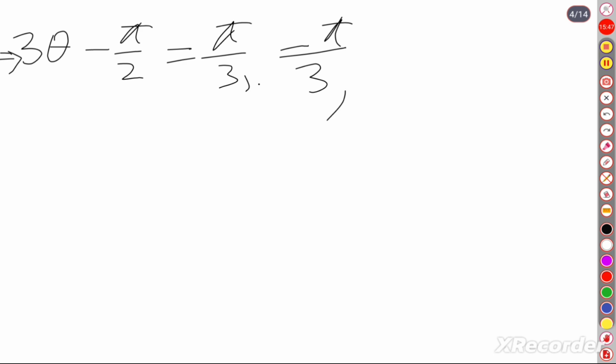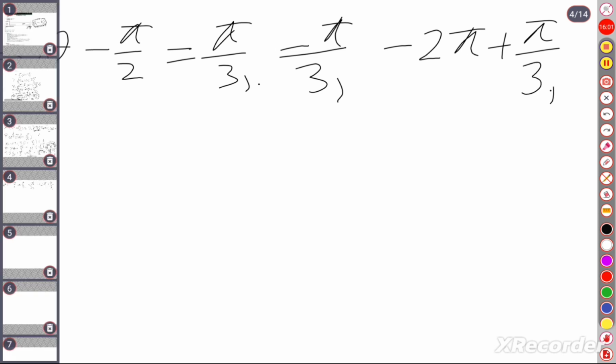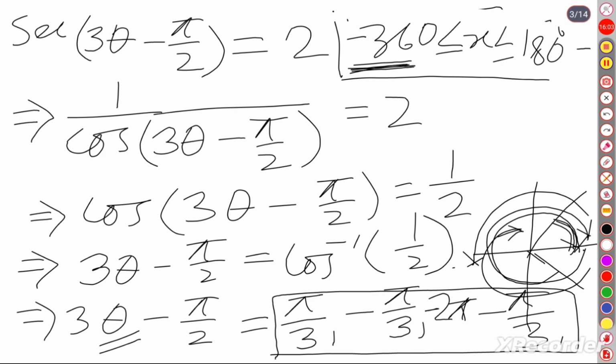And the third value we have got is negative 2 pi plus pi over 3. Let's go back and check whether we have written plus or not. It will actually not be negative, it will be plus, because as we are moving in the clockwise direction, this portion should be subtracted.